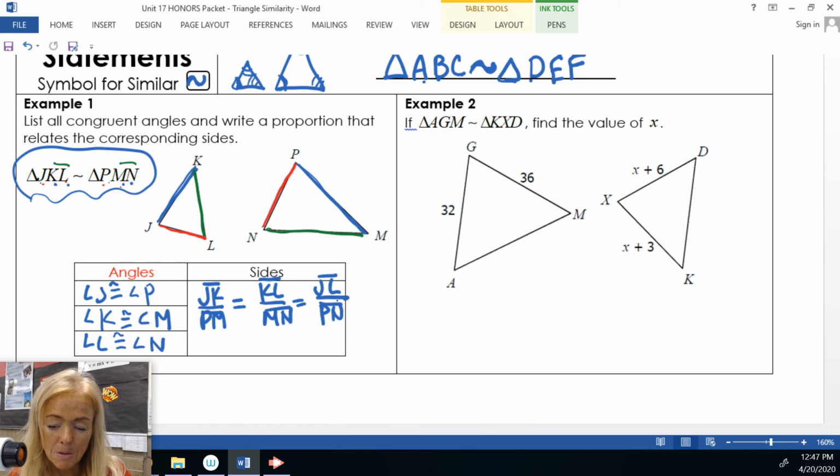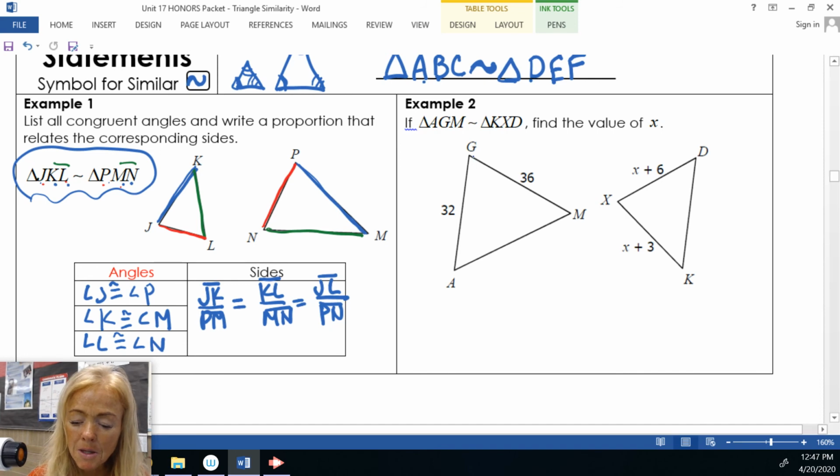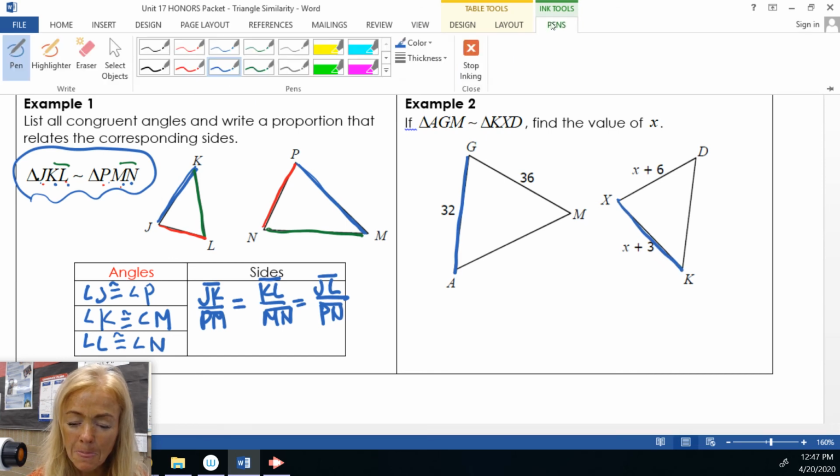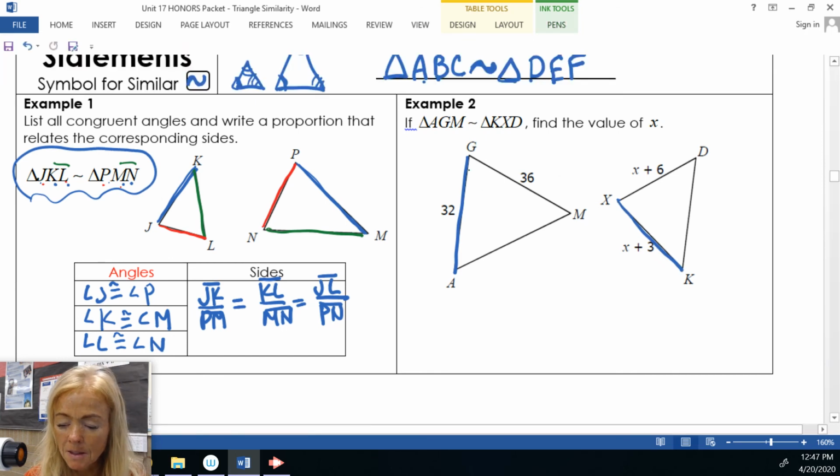The other thing that we do is, again, we find sides, and we have to set everything up appropriately and make sure that we have corresponding sides. So AG and KX are corresponding, and GM and XD are corresponding, just so you know. It's good to set that up first so you know what's going on.